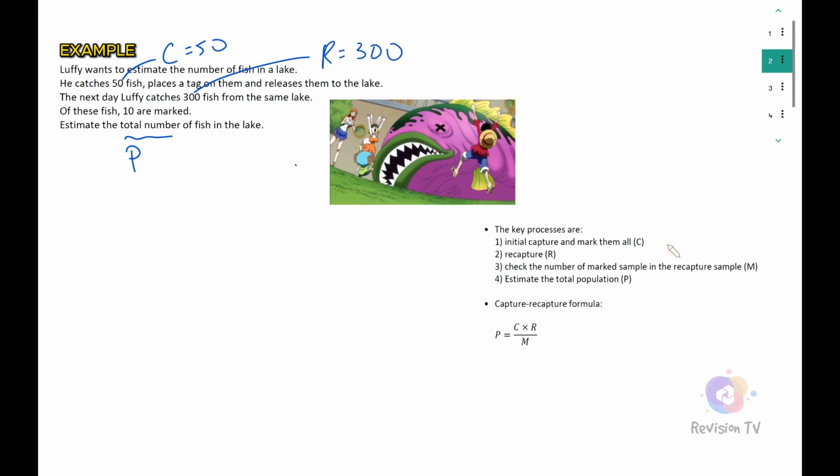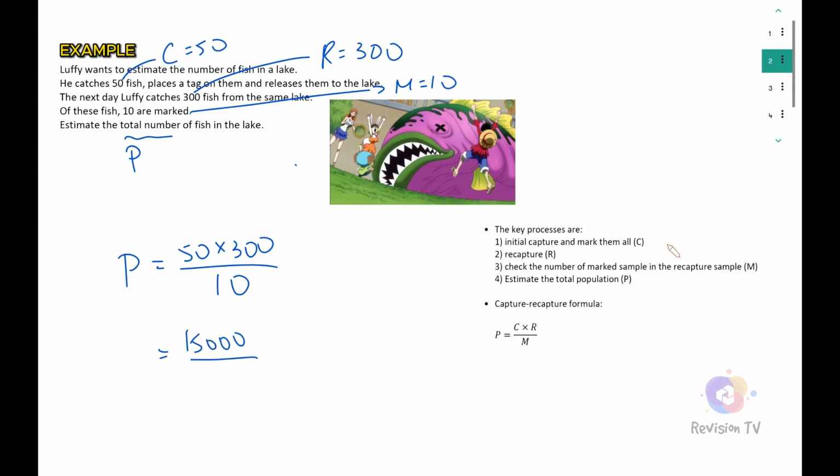M is marked, 10 of them are marked, so M equals 10. So P equals C times R divided by M. Put it in the calculator, or work it manually: that's 15,000 divided by 10. So P equals 1,500. So there are an estimated 1,500 fish in the lake.